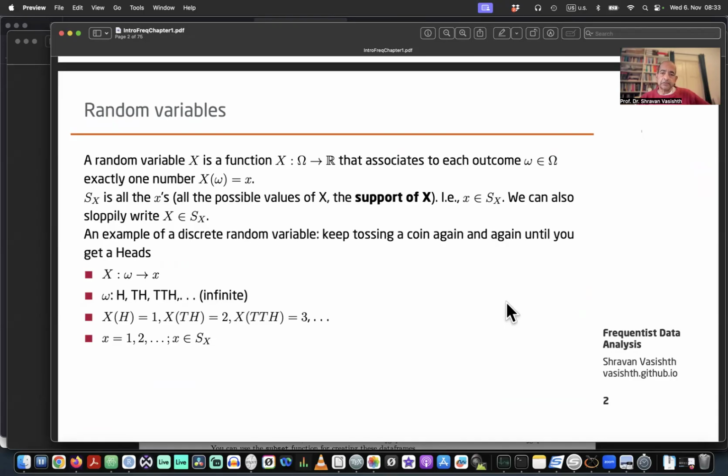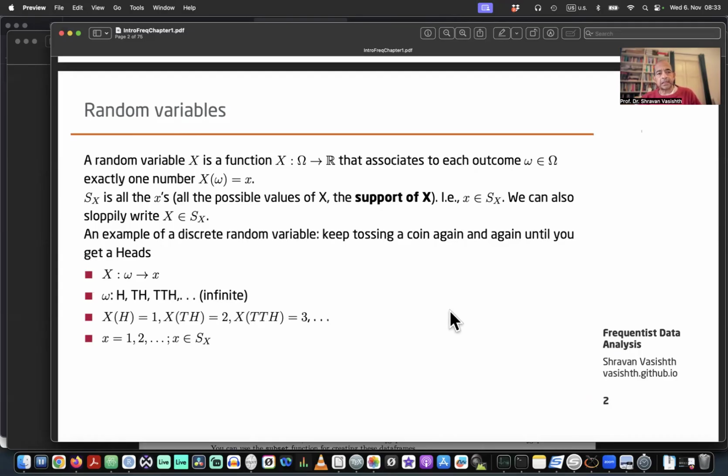And these data that we will encounter in experiments need to be thought of as being produced by a mathematical or statistical process, right? So there's an underlying mathematical object that we're going to assume is producing the data. And that mathematical object is called a random variable.